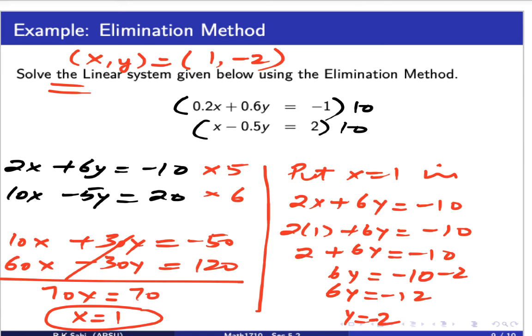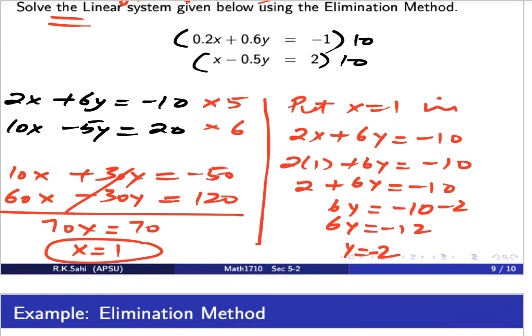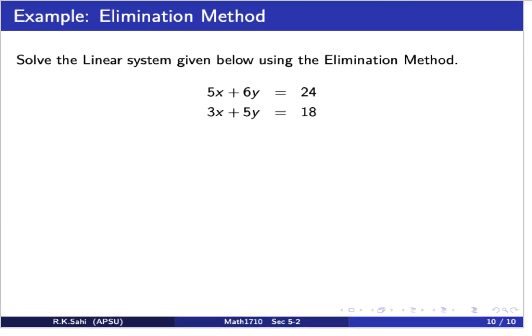Okay, one more example now. In this one, you have to make the choice. So here's an example: 5x plus 6y equals 24, and 3x plus 5y equals 18.